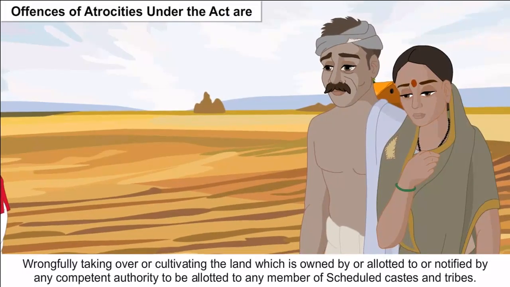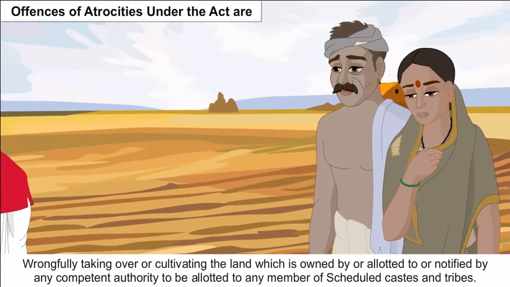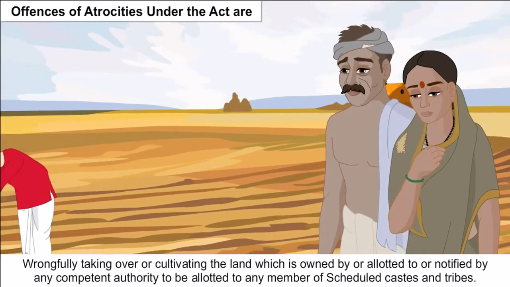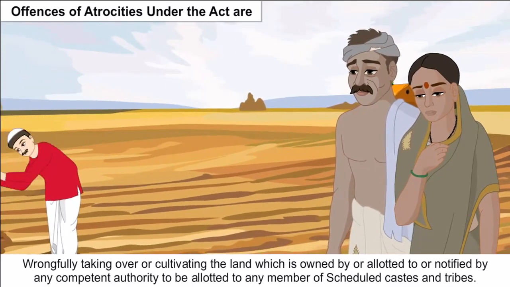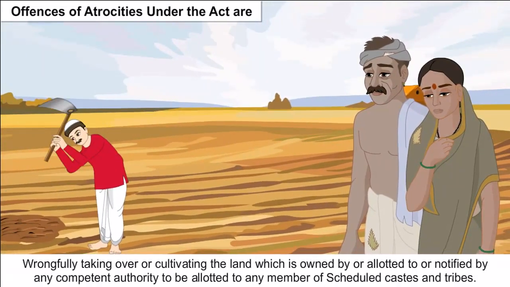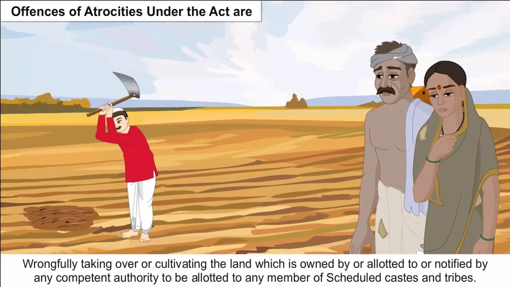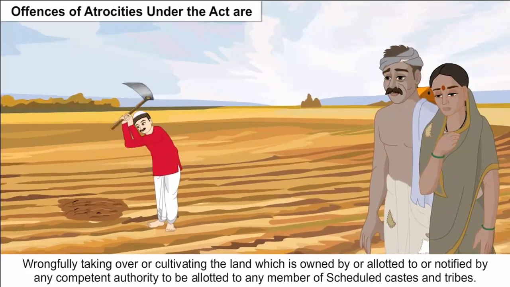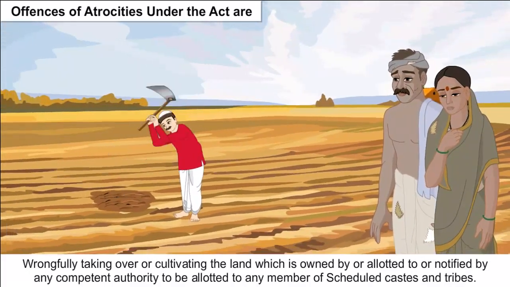Wrongfully taking over or cultivating the land which is owned by or allotted to or notified by any competent authority to be allotted to any member of scheduled castes and tribes.